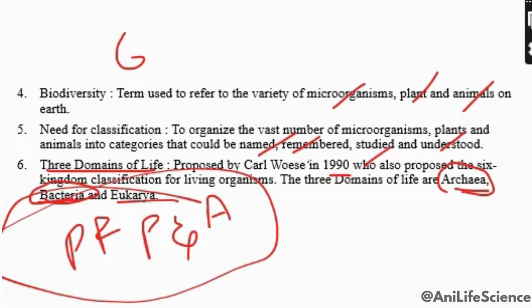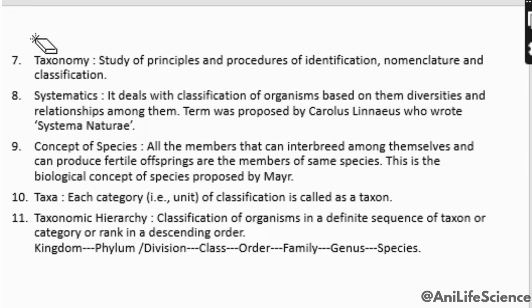Next is taxonomy. Taxonomy is the science of identifying, naming, and classifying organisms. Systematics, on the other hand, is about grouping organisms based on their diversity and relationships.